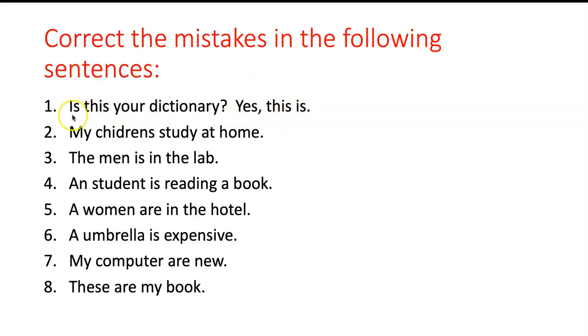Remember, when you ask with this, is this, your answer should be yes, it is. So here it is wrong, okay? Because we did number 1 together, you are going to continue with the others, okay?